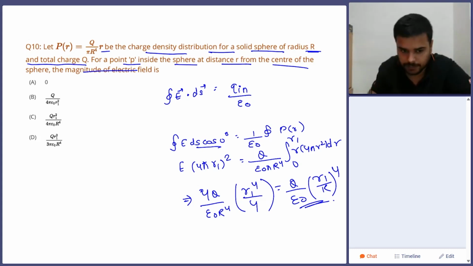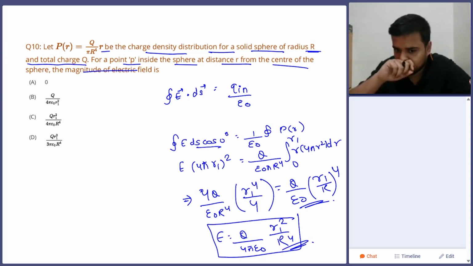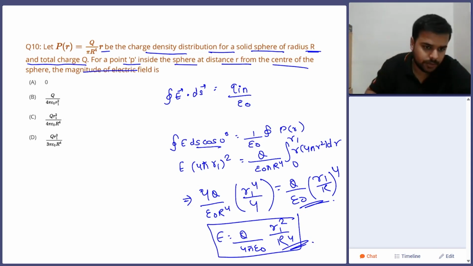So now the electric field will be equal to Q by 4 pi epsilon naught, r square by R to the power 4. Okay. So the correct option is option C.